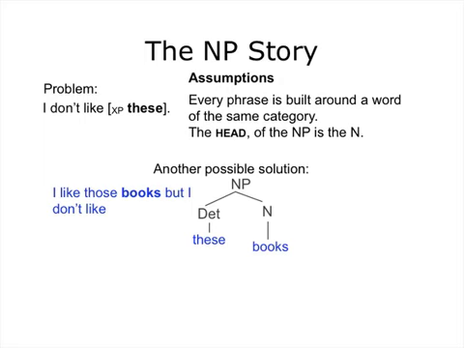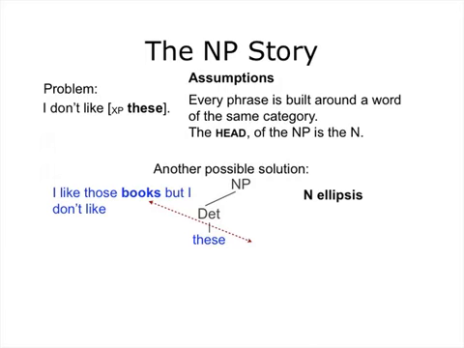I like these books, but I don't like, what would I ordinarily do? Those. But I could say that what I really have is: I like those books, but I don't like these books. But then I have a rule that says, since those are the same, I'm just going to leave that one off, and we call it noun ellipsis.